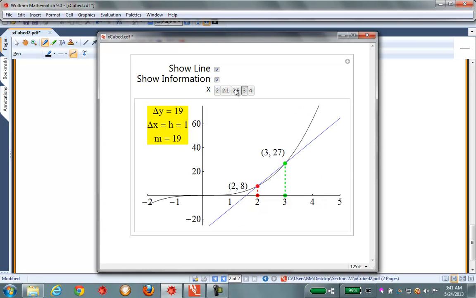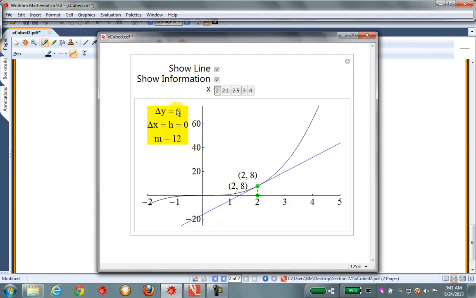As we reduce the interval even more, from 2 to 2.5, the slope, the average rate of change, or the slope of the secant line, was 15.25. And from 2 to 2.1, you saw it was getting closer and closer to 12. Finally, if we reduce that so that we have no change, right at the point (2, 8), notice these two points are the same, the slope was 12.